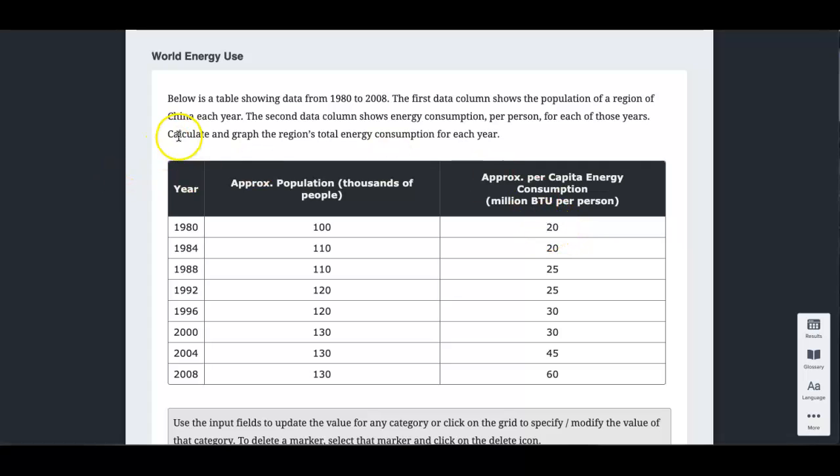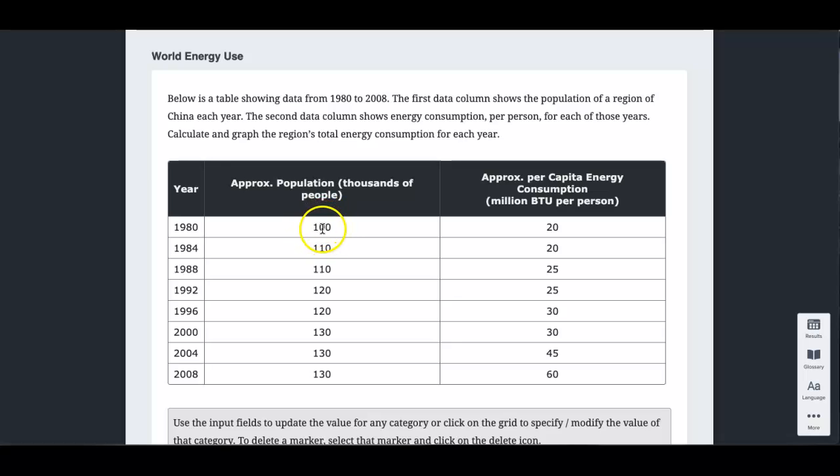So for this activity, you're going to have to calculate and graph the region's total energy consumption for each year. So in order to do that, if you say there's about 100,000 people, or we're going to just round down to 100, knowing we really mean 100,000, but we're going to use the number 100, and they all used about 20 BTUs, you want to figure out the total. So you're going to have to multiply these two numbers together.